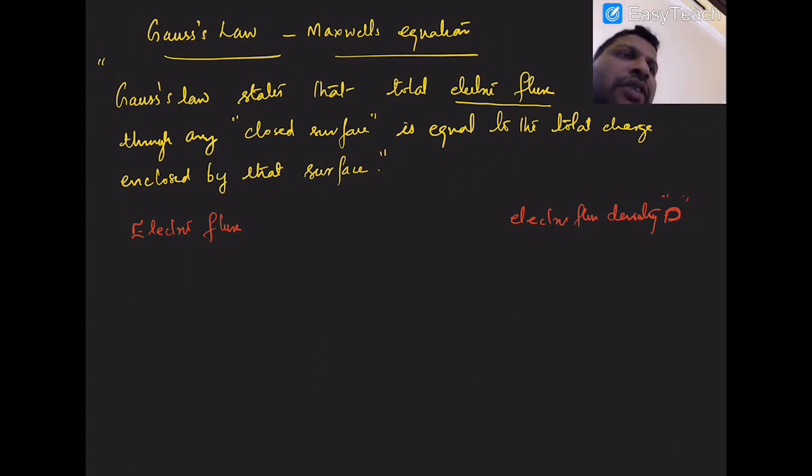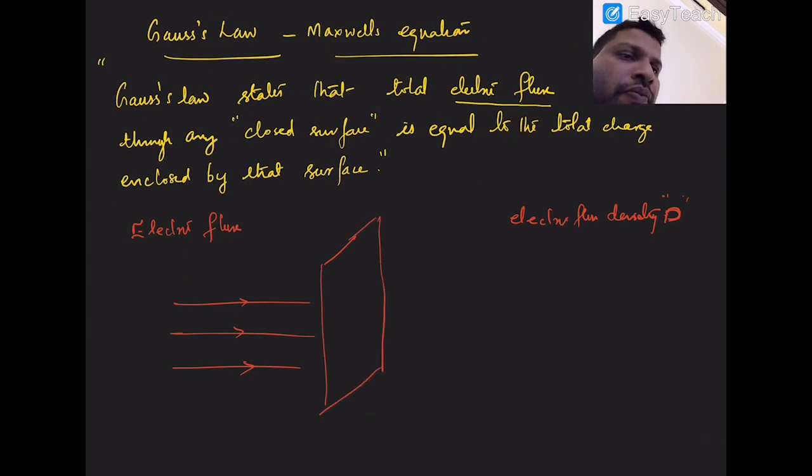Let us consider some electric field like this, and let us consider a surface which is orthogonal to that electric field. I have kept some surface here. So the electric field will be penetrating through this surface. This is an imaginary surface. So this is the electric flux density D, which is passing through the surface.